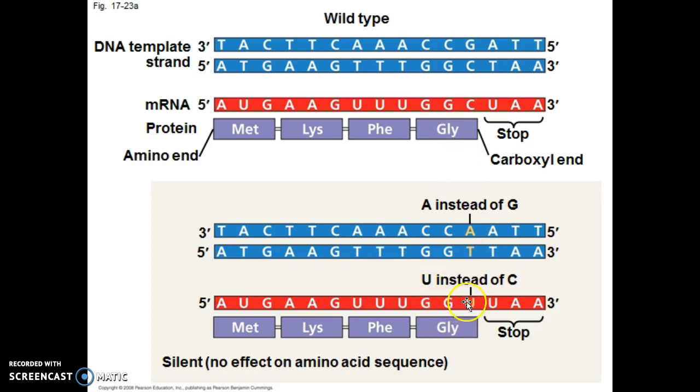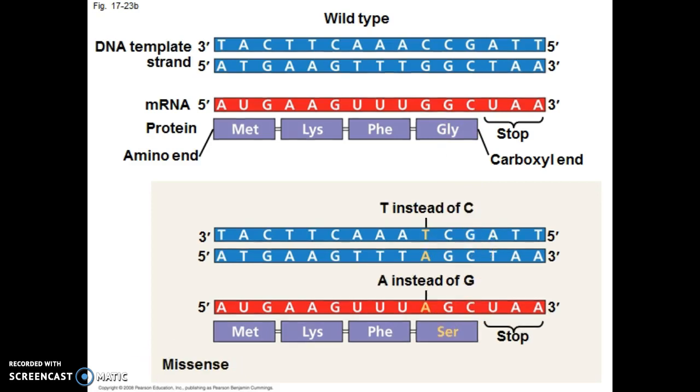Because GGU and GGC are two codons that code for the exact same amino acid. Recall that some amino acids have several different codons that code for the exact same thing. So in this case, we get the same amino acid. This substitution is harmless.